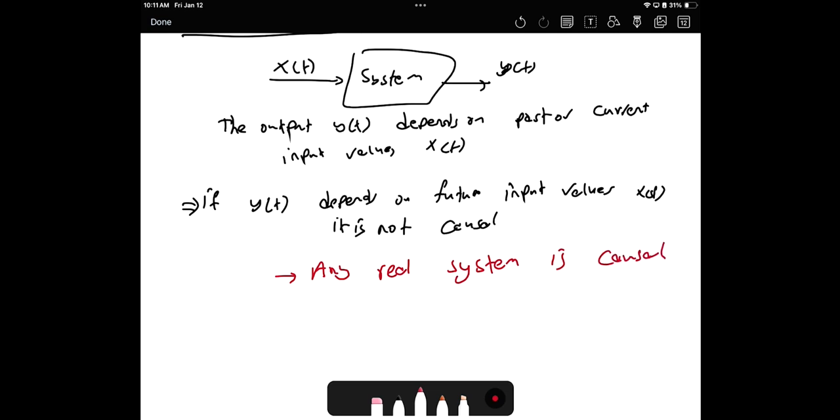While sometimes we can make mathematical expressions that are non-causal, this is unrealistic. It will not anticipate the future. We cannot predict the future, so no real-life system is non-causal.